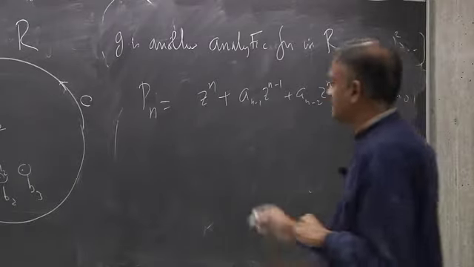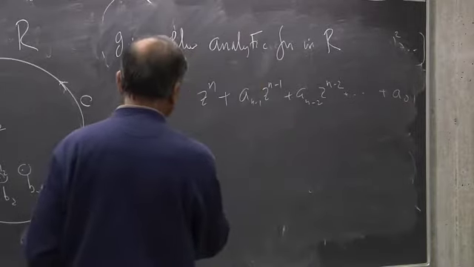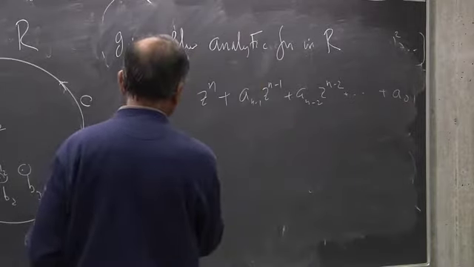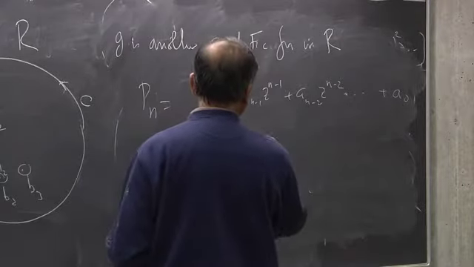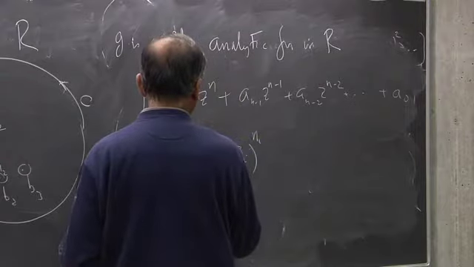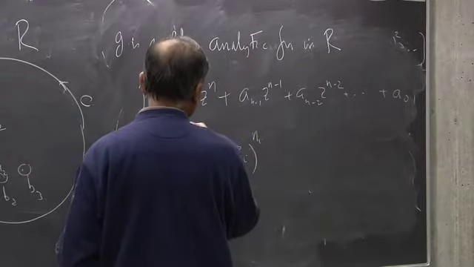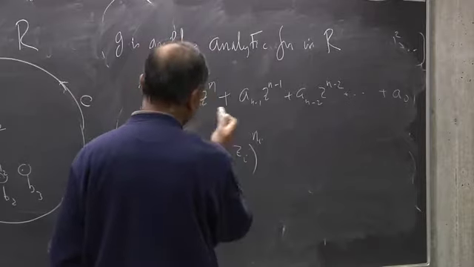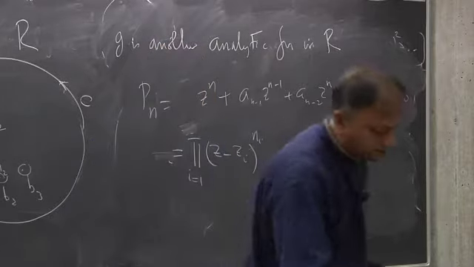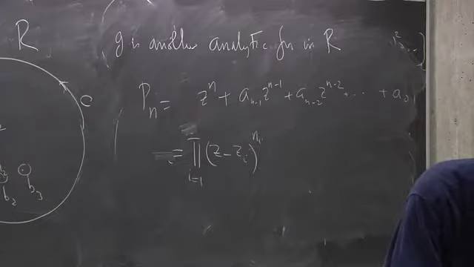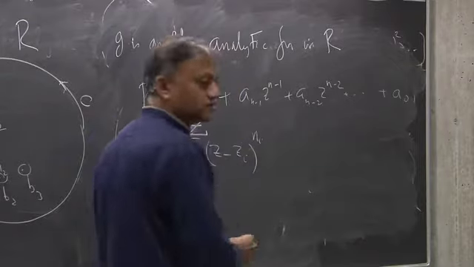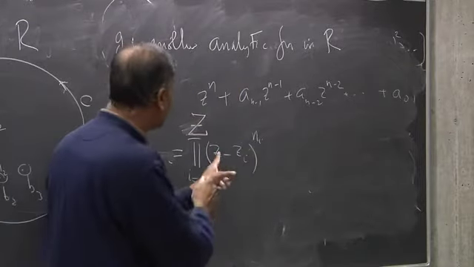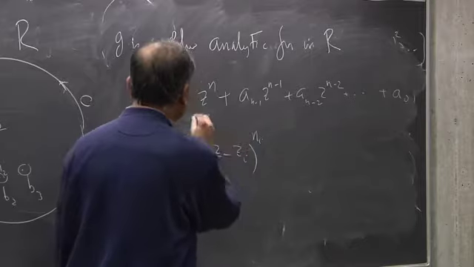Now, the theorem is that this can always be expressed as the product of (z minus zi) to the power of some ni, with i going from 1 to some p, let us say.